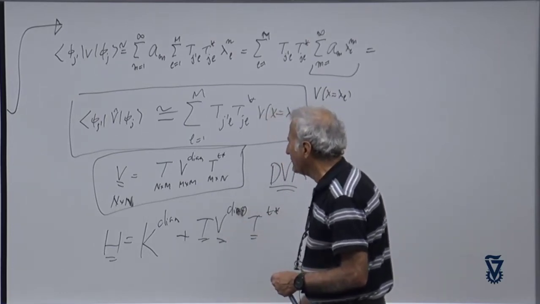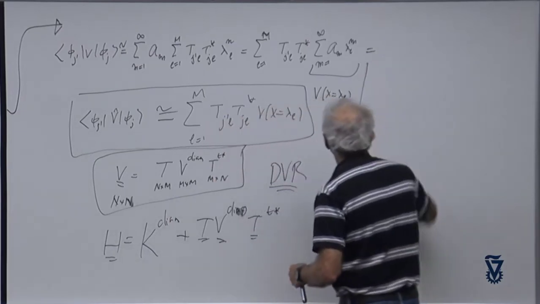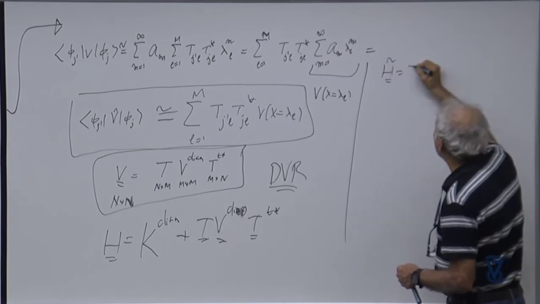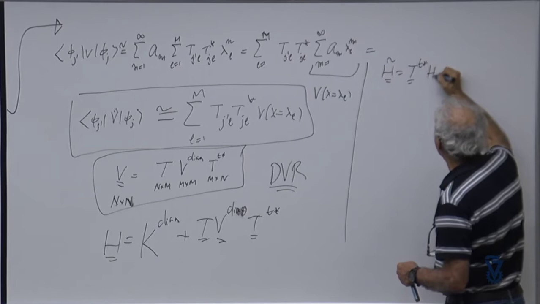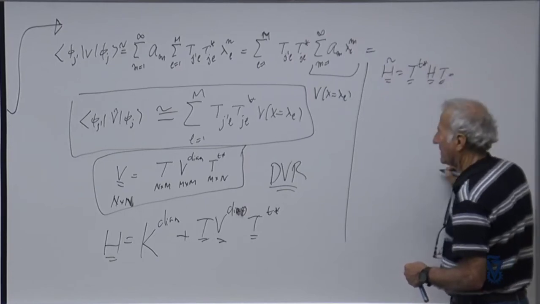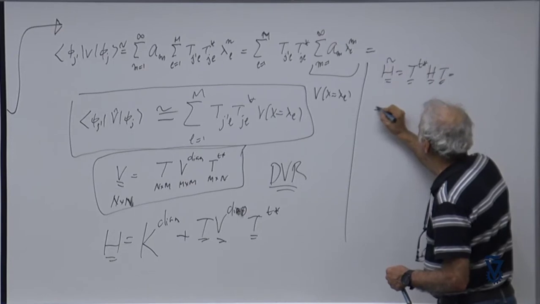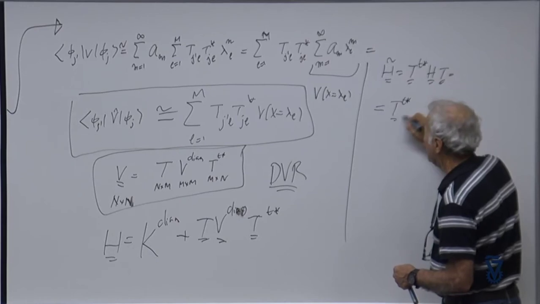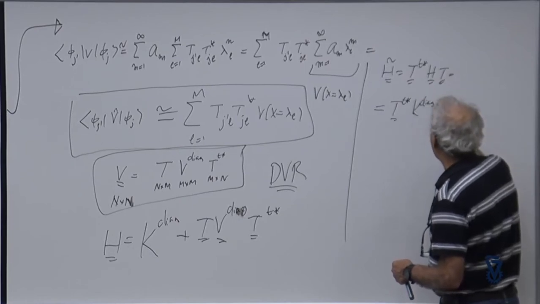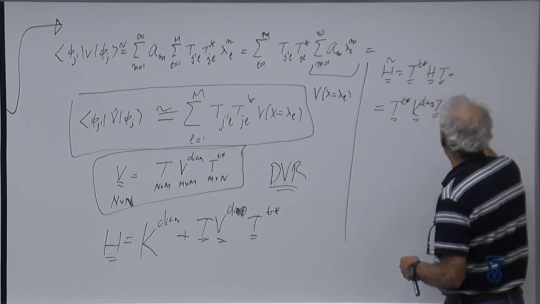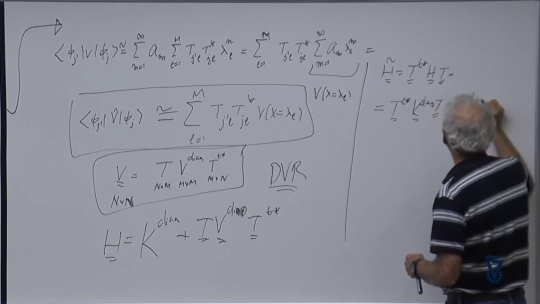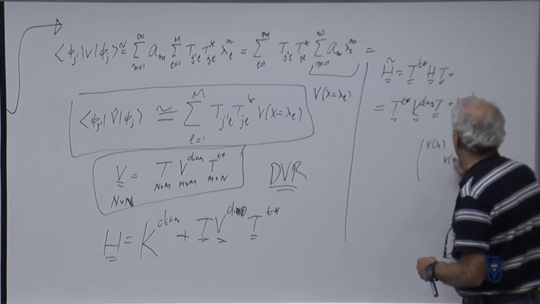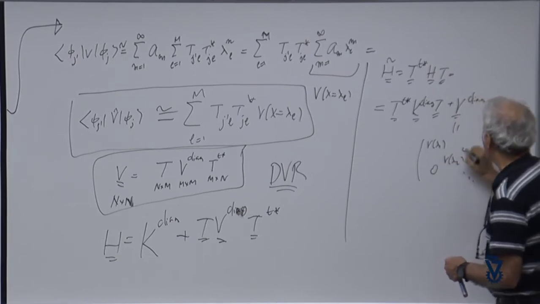Now, it's easy to see that we can define a new matrix, T transpose complex conjugate H T, which results in T transpose complex conjugate K diagonal T plus V diagonal, where this V diagonal is V(λ_1), V(λ_2), and so on, and zeros.